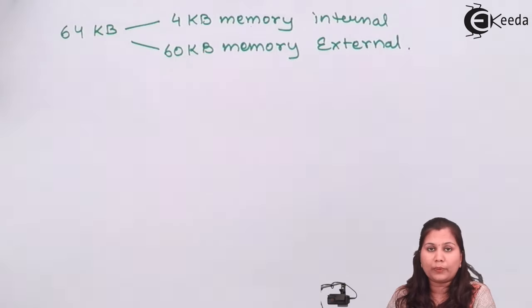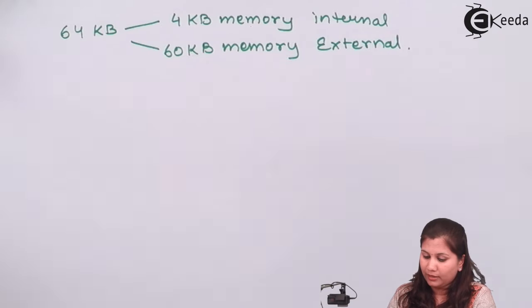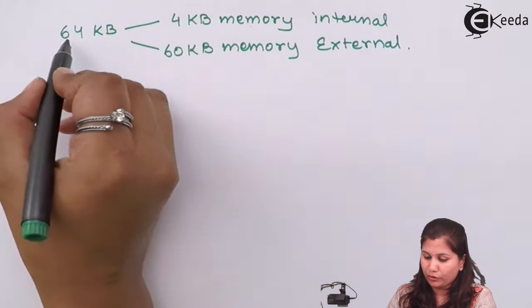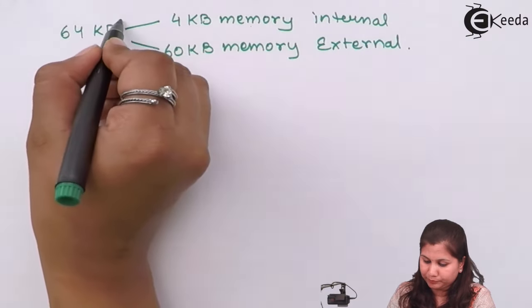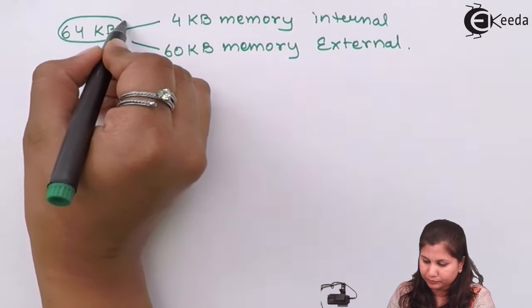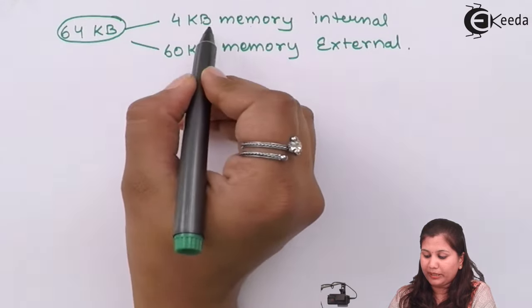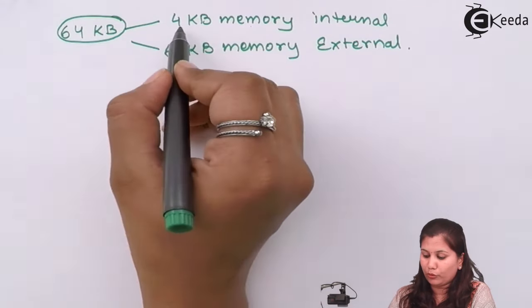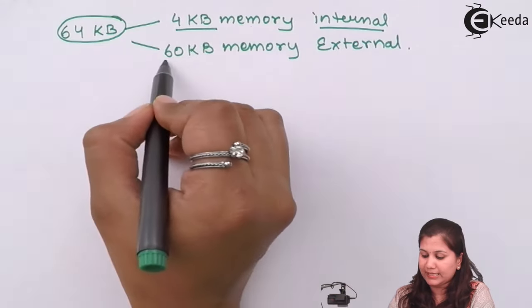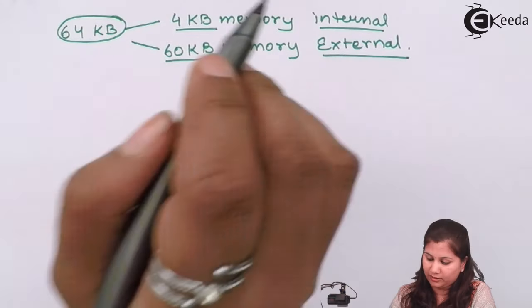So when this PSEN signal is made high, this 64 kilobytes of memory will be divided into two: 4 kilobytes will be internal and 60 kilobytes will be external.